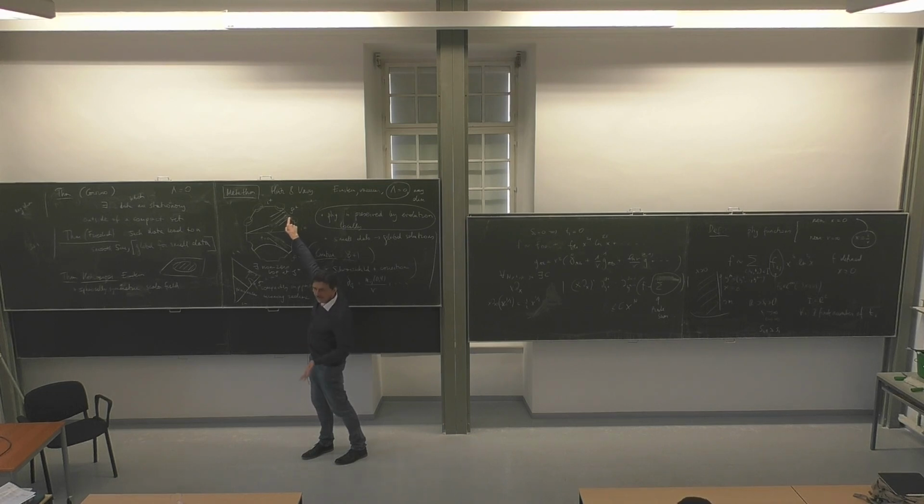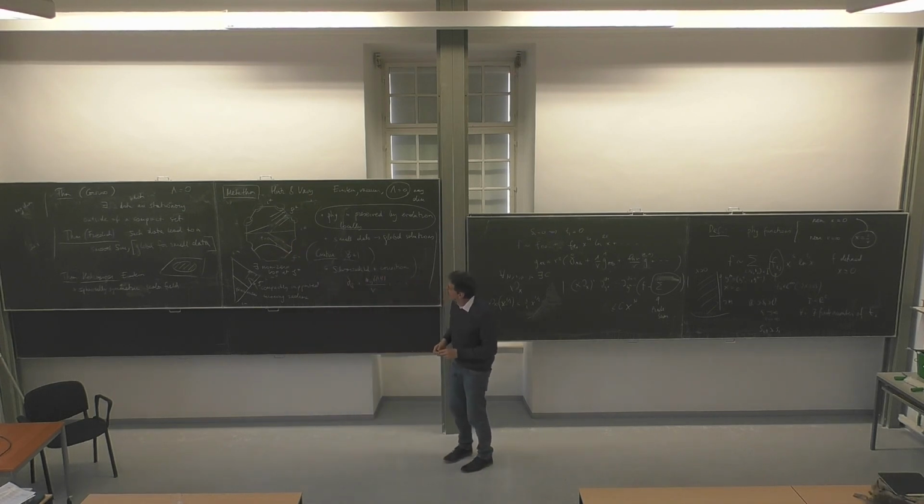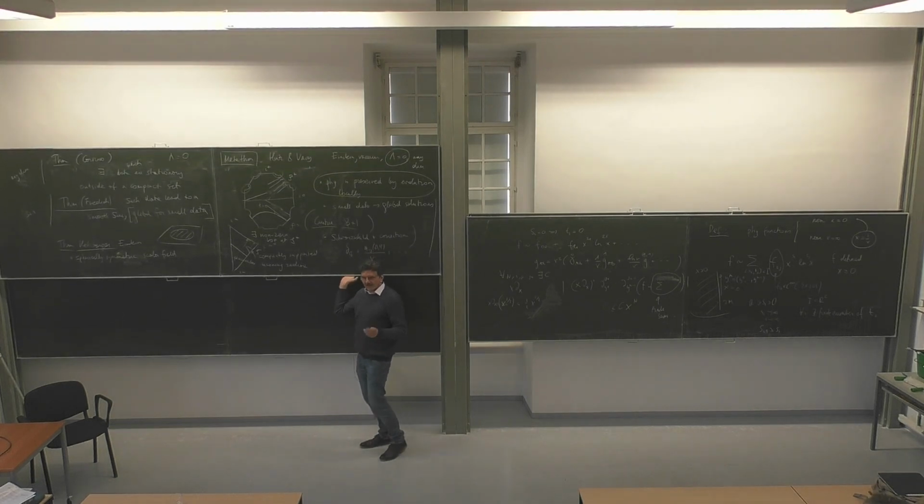It's such a mess that nobody's done this in detail, and I wouldn't give this to a student whom I don't hate. So this is, I think, the state of the art.